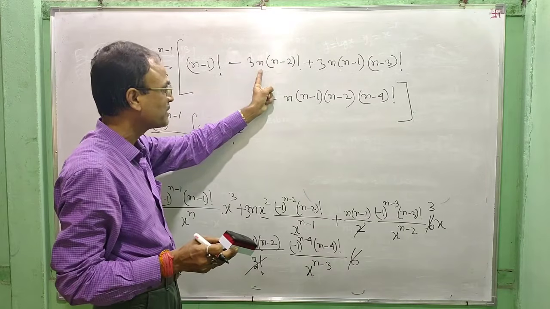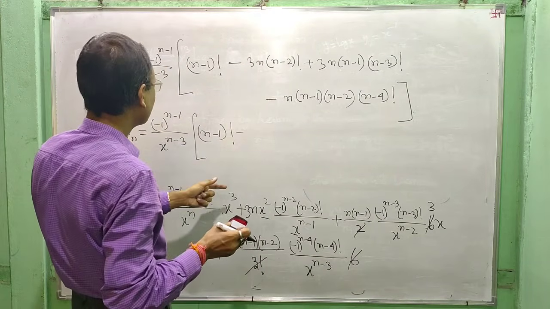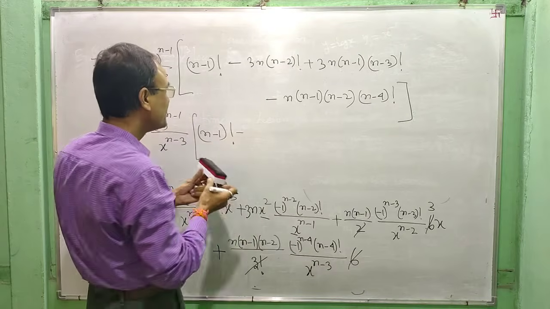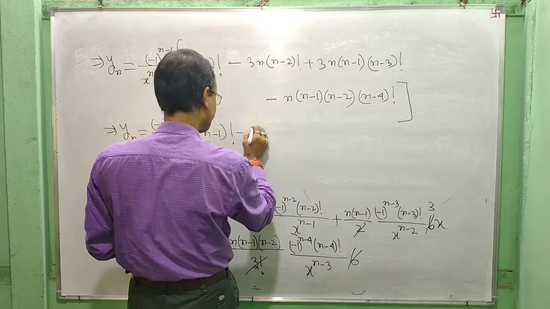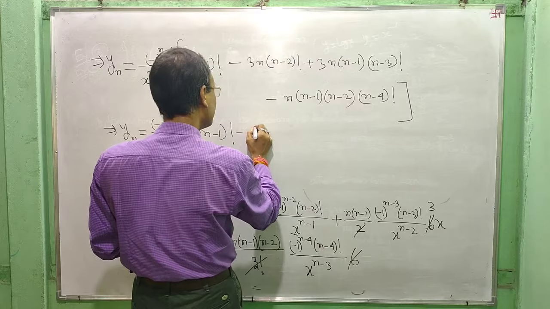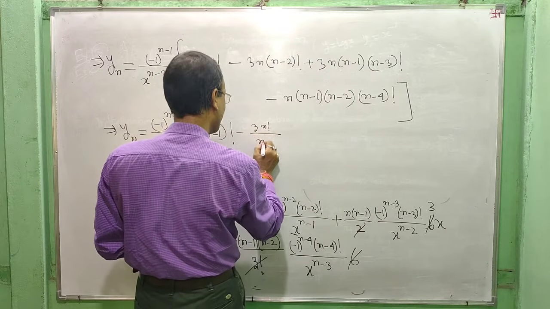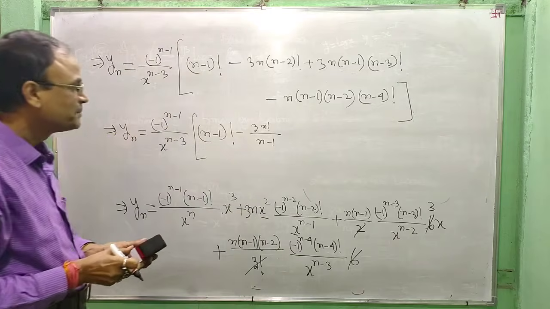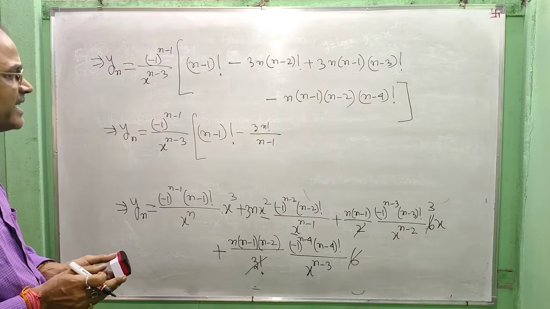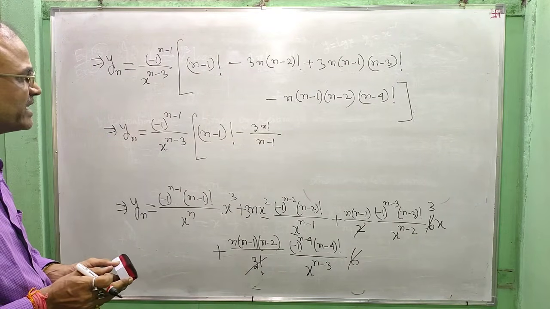It will become factorial n. Therefore, minus 3 times factorial n divided by n minus 1. You will get this one.